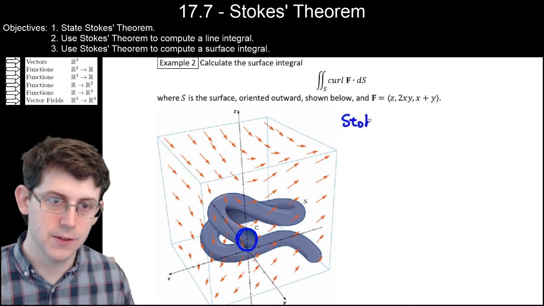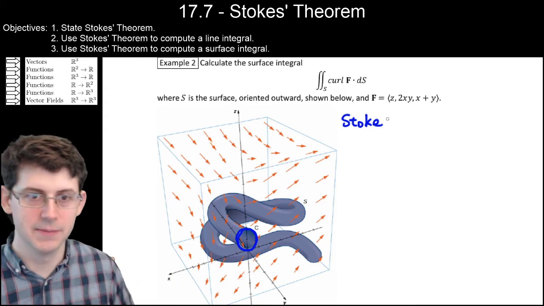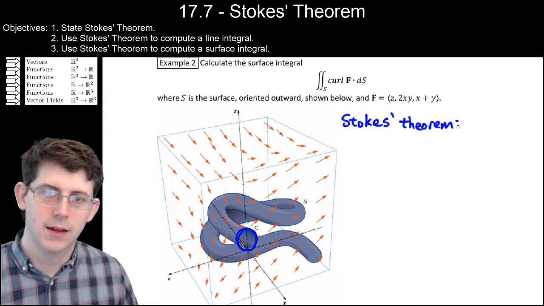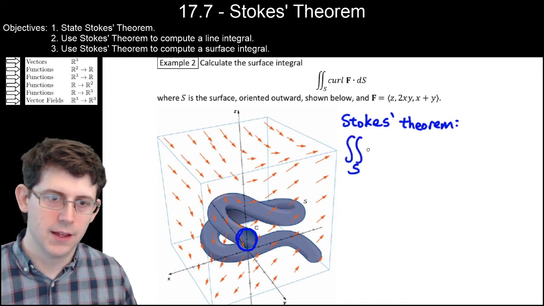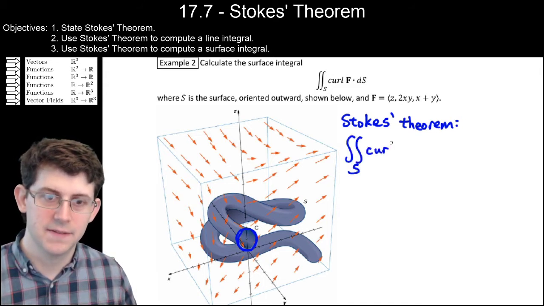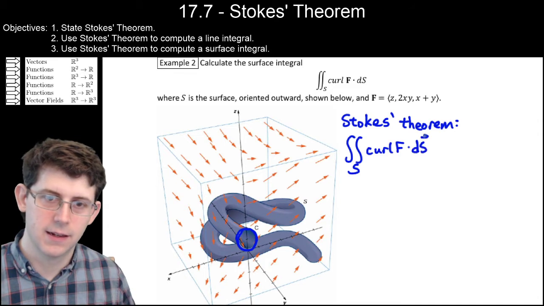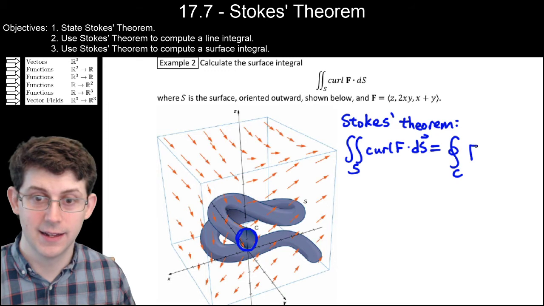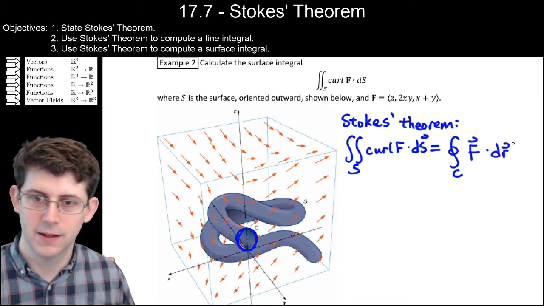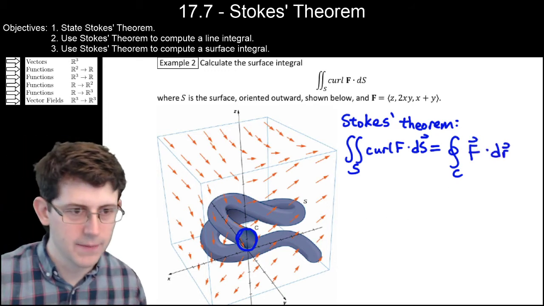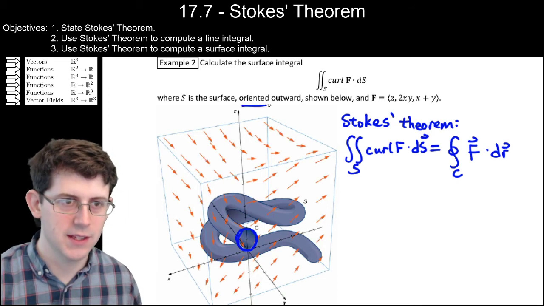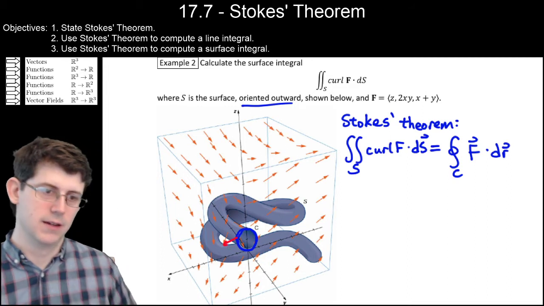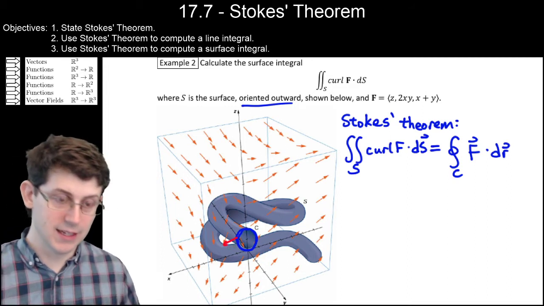So you invoke Stokes' theorem. You say, here's Stokes' theorem. I don't have to do the integral of curl F dot dS. I'll just do the line integral around the closed curve instead, the circulation integral. It tells you that the surface is oriented outward, so you've got normal vectors pointing this way.